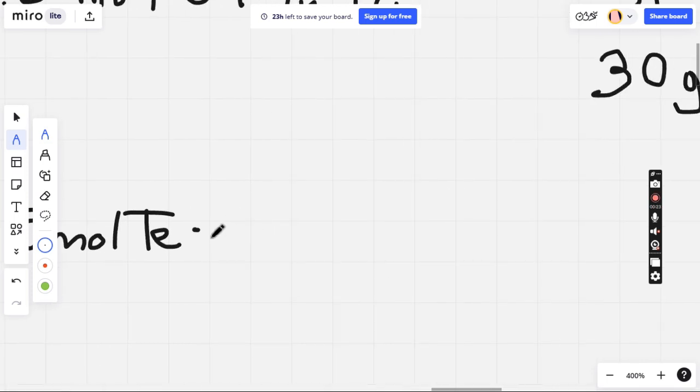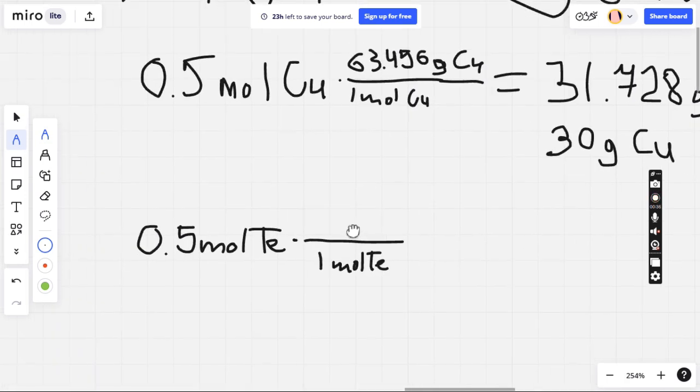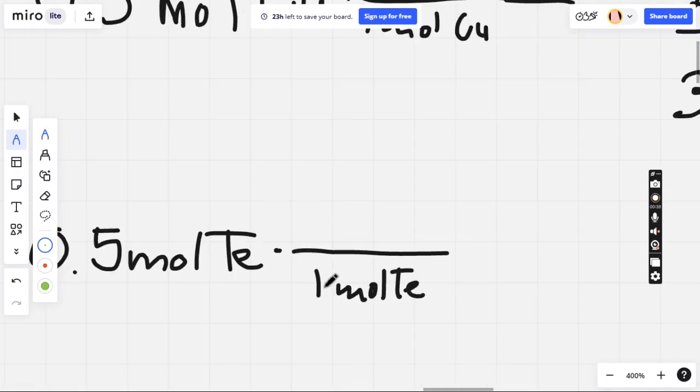Again, you do the same thing here. You take your moles, you bring them down here, of Te. And what you do here is, 1 mole of Te is, as you remember, Na atoms.